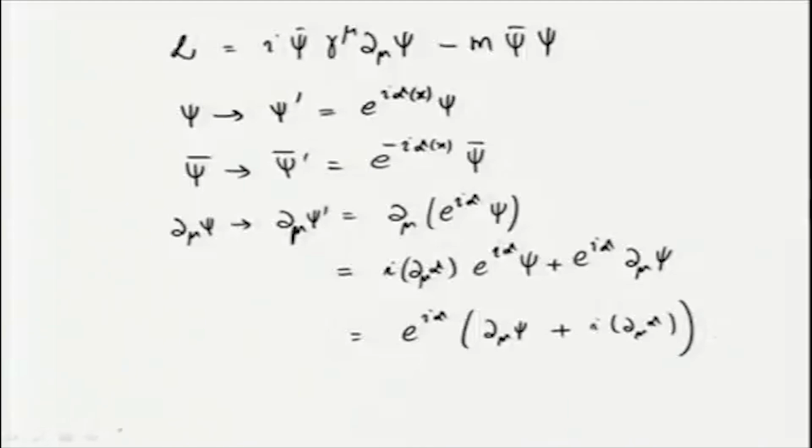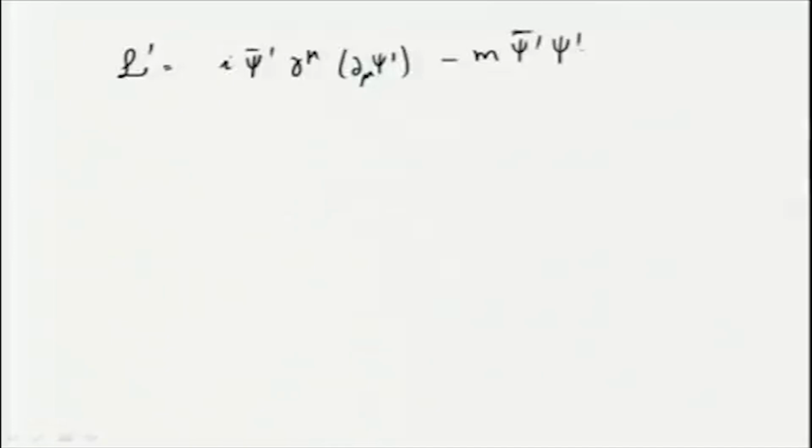So, what happens to that term? In the Lagrangian, you now have i ψ̄' γ^μ ∂_μ ψ', so this is your L', minus m ψ̄' ψ'. The second term is invariant under this transformation, because the phase factors cancel with each other. In the first term, the phase factors also cancel with each other, but there is an additional term.